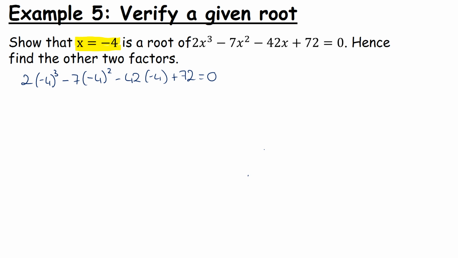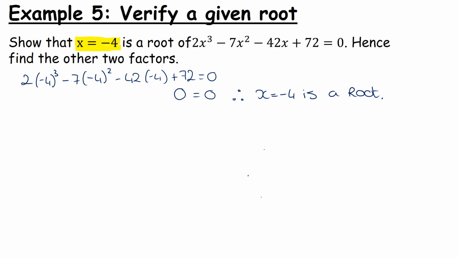And when you work that out, you can do as many steps as you want, but you will get 0 equals 0. So therefore x equals minus 4 is a root. Okay, so that's absolutely fine to do.